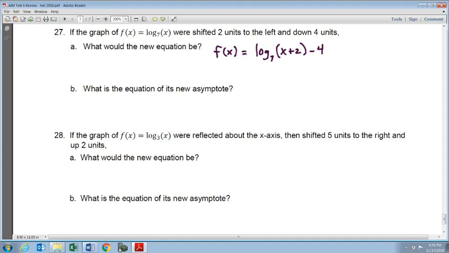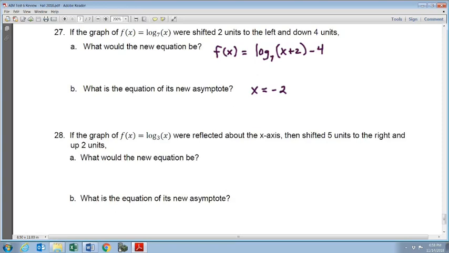So with log functions, the asymptote is at x equals 0. And it's only going to change if you move to the right or the left, or if you have a horizontal shift. So when we go 2 to the left, that causes the asymptote to be at x equals negative 2. Again, when you take your test, you may want to actually draw a little sketch, if that'll help.